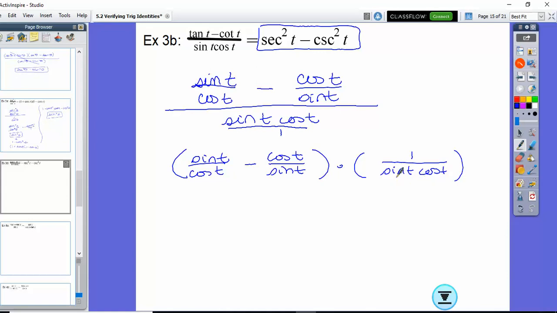Now I have to distribute. If you multiply this first one, what do we get?